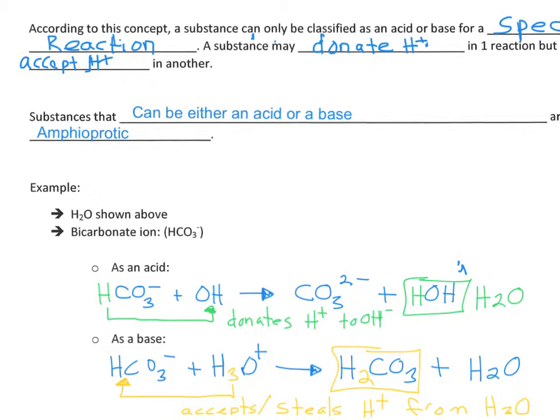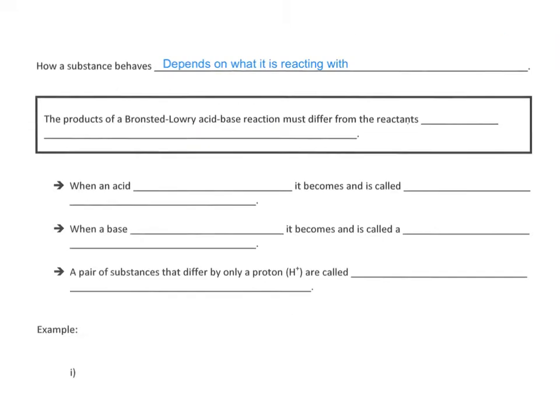So as an acid, the bicarbonate donates a proton to OH, and as a base, it can steal a proton to make H2CO3 or carbonic acid. So basically, how a substance behaves, whether or not it's going to be an acid or a base, depends on what it's reacting with.